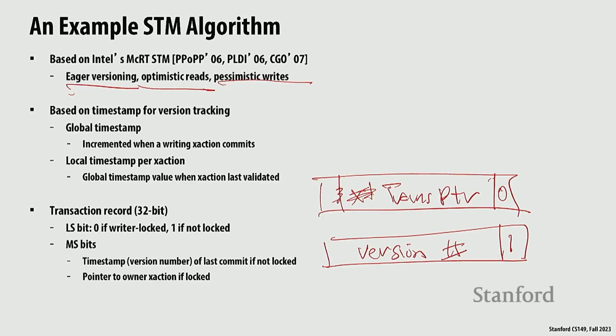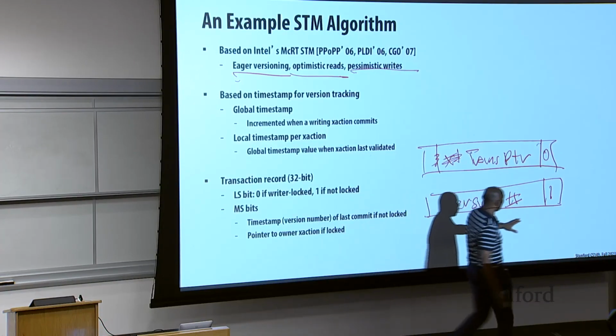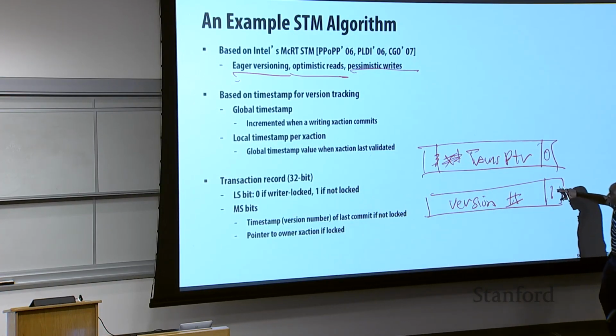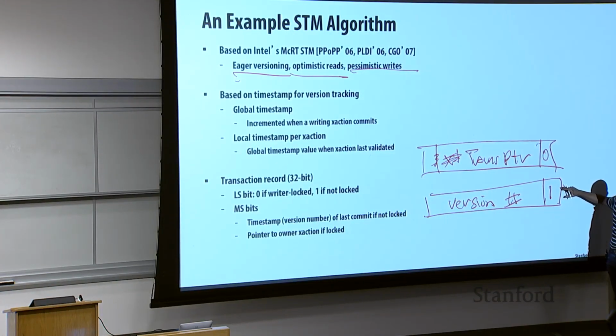So by looking at the least significant bit of the transaction record, you can tell the state of the data.